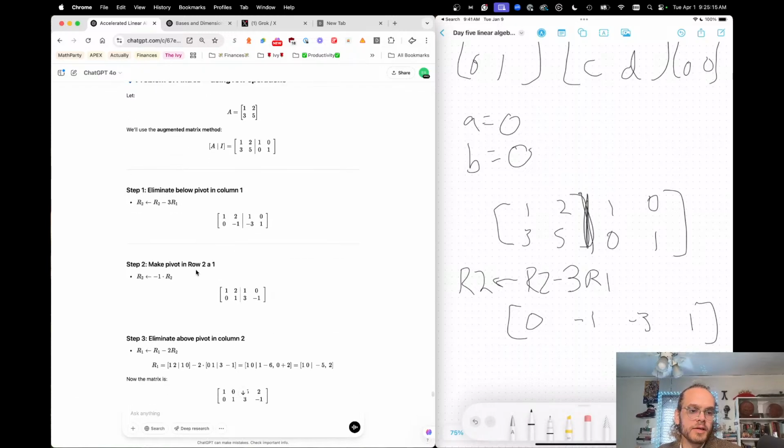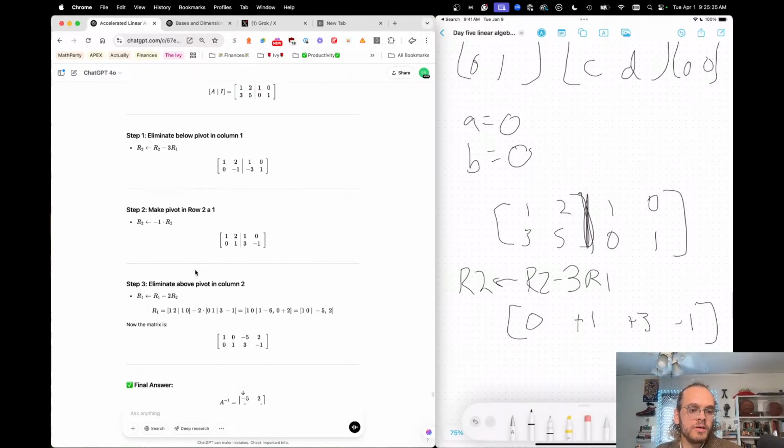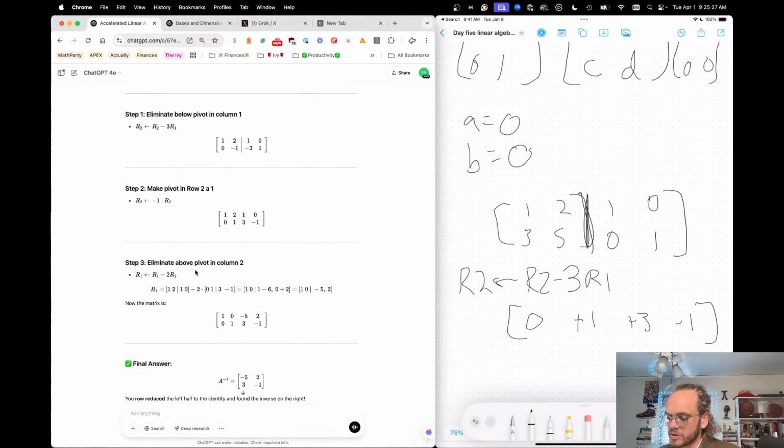And then I need to make the pivot in row 2 a 1. So I need to get this to be reduced row echelon form. So I multiply it all by negative 1, so it becomes positive, positive, negative. And so the new matrix is going to be, I need to do something to the first row too.